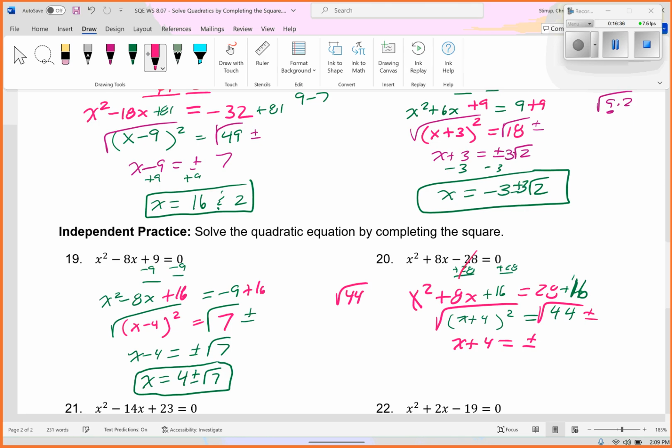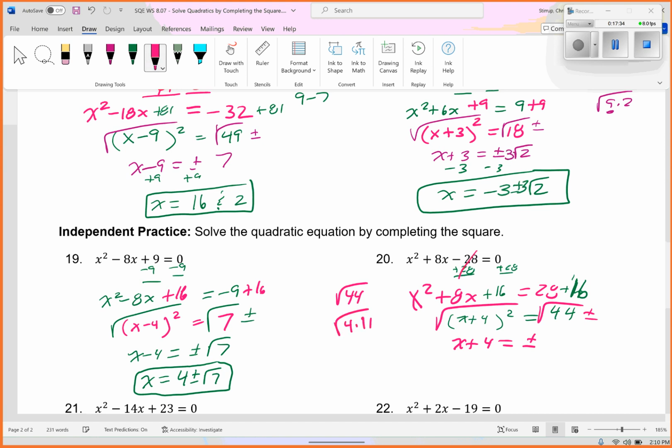Take root 44. Which one of these numbers breaks down times something else? 4 and 11, you said?